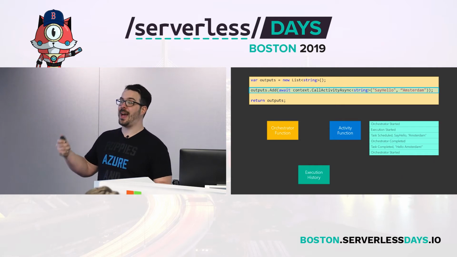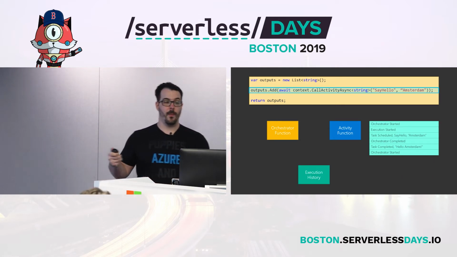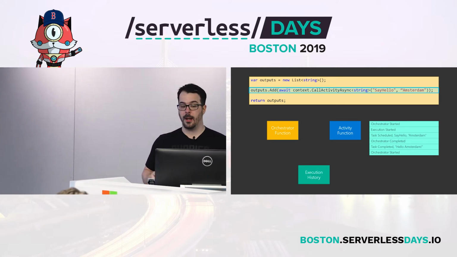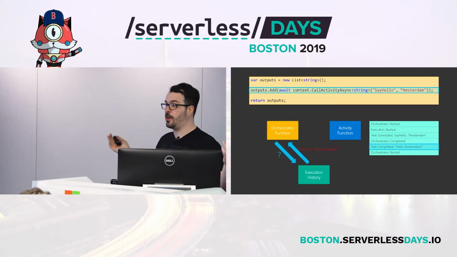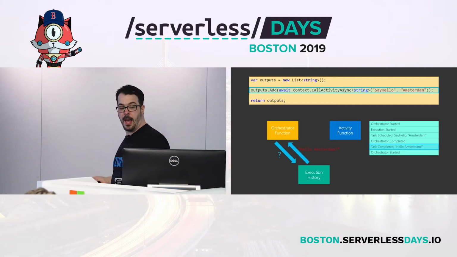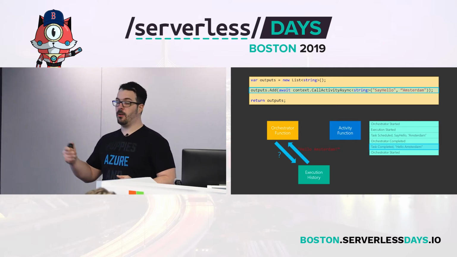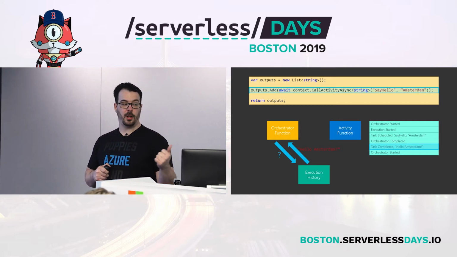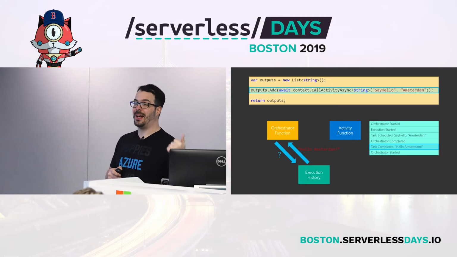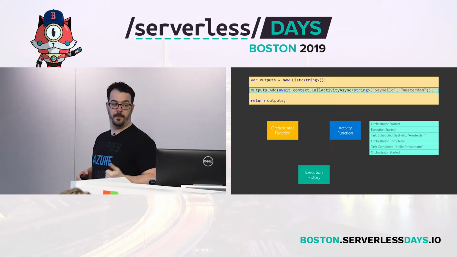It's going to go through the exact same workflow as before. We're going to go back to the call activity async, and we're going to be like, hey, sayHello, Amsterdam, do we have this somewhere? And the execution history will say, yes, that function executed before, and here's the result. And the output is automatically going to have this hello Amsterdam stored within the list.